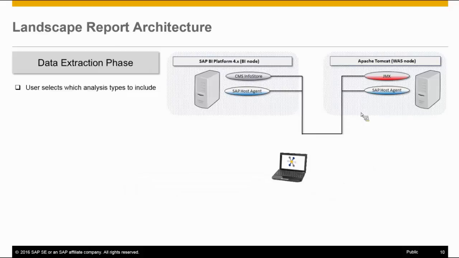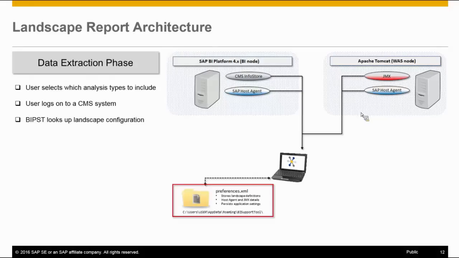So during the data extraction phase, the user selects what type of analysis they want to include. The user logs into a CMS system, and from that CMS system, we do a lookup to your landscape configuration. Based on the CMS system, we can tell exactly what nodes are part of that landscape, and then start to extract the data.